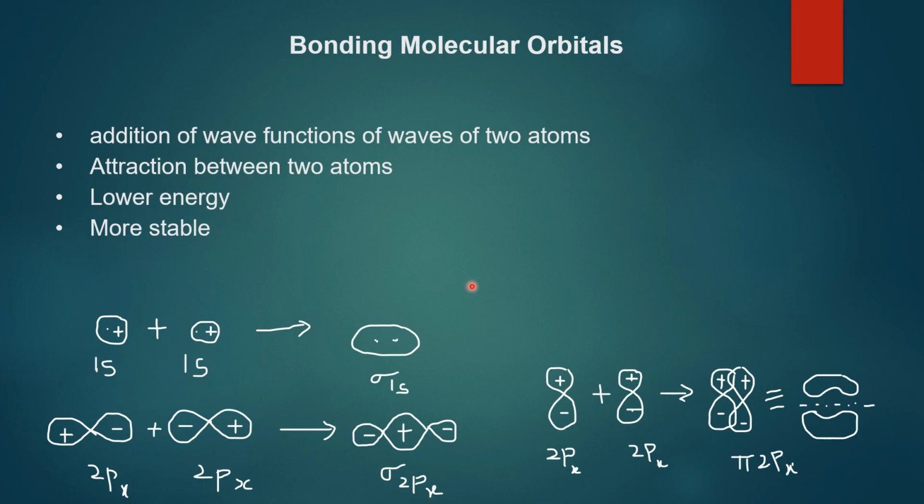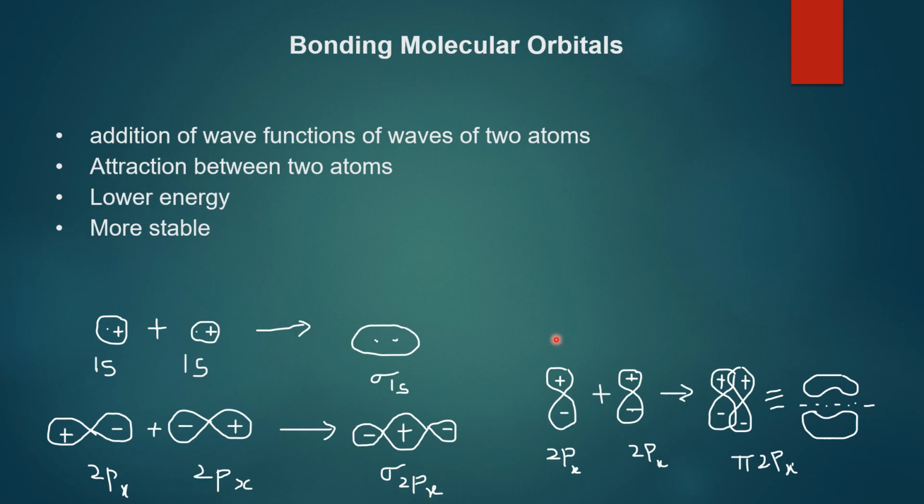Both the positive signs get overlapped and both negative signs get overlapped to form a pi 2px bonding molecular orbital. Here also the same sign overlapping takes place between the two 2px atomic orbitals to form a pi 2px molecular orbital.